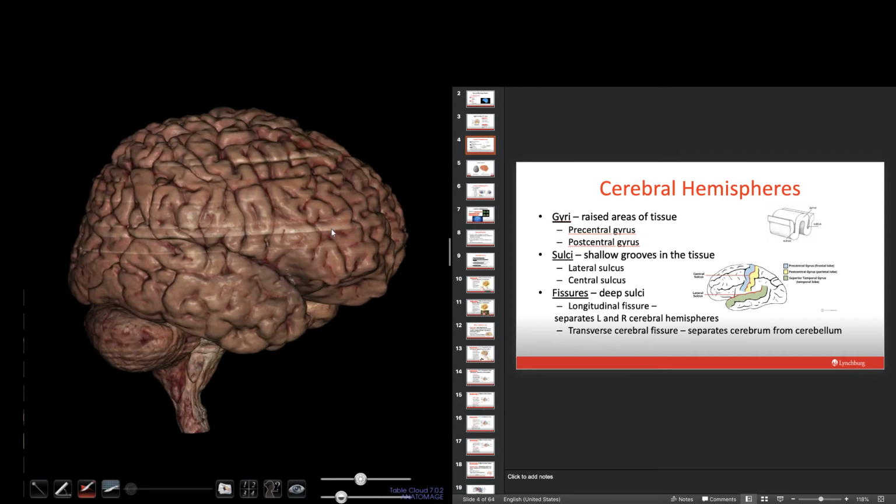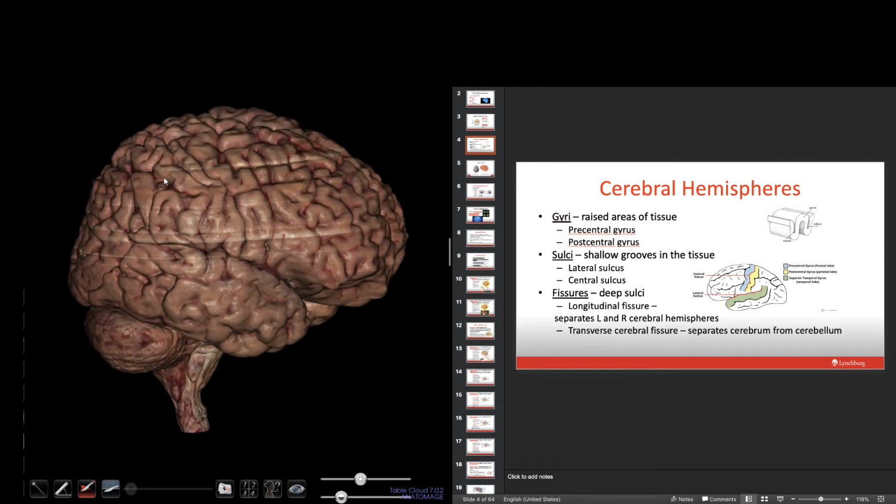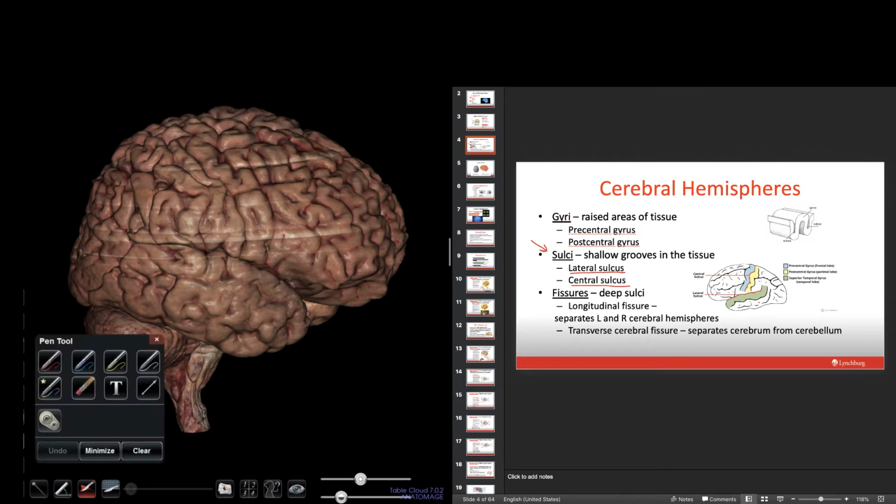Okay. Now, if you look at the way this tissue is arranged, you'll see that it has raised areas of tissue and then indented areas in between them. The grooves in the tissue are called sulci. Okay. And we have a couple sulci that are special and have names: the lateral sulcus and the central sulcus. So if you look here on our image, this is a right lateral view, and we can see this area right here, this indented area here, is called the lateral sulcus.